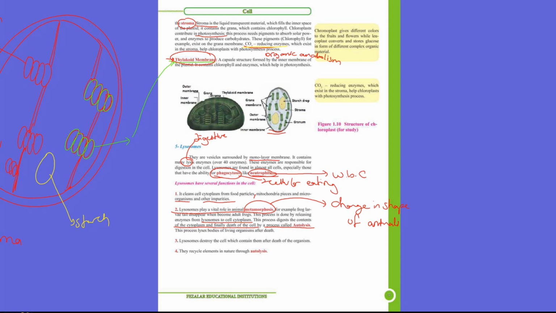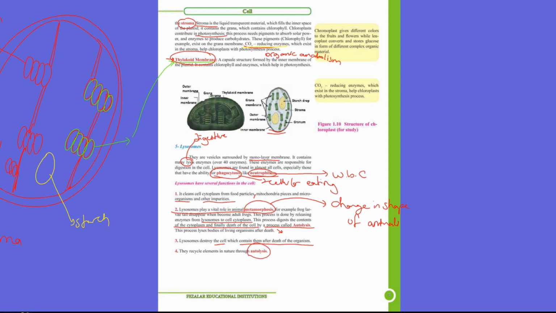This process lyses the bodies of living organisms after death. In an animal, plant or human body after death, many body parts decay and disappear by bacteria, but this also depends on lysosomes. Lysosomes destroy the cells which contain them after death of the organism. They recycle elements in nature through autolysis.